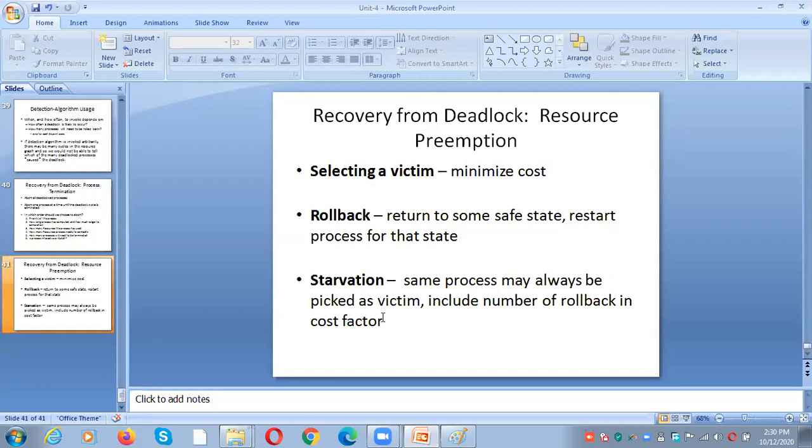So you should not select the same process again and again. For that purpose, you need to increase the priority of that particular process based upon aging, so how old the process is. As the process gets older, automatically its priority will be increased, so that at one time the low priority process will become a high priority process. Then it will have a chance to complete the task.